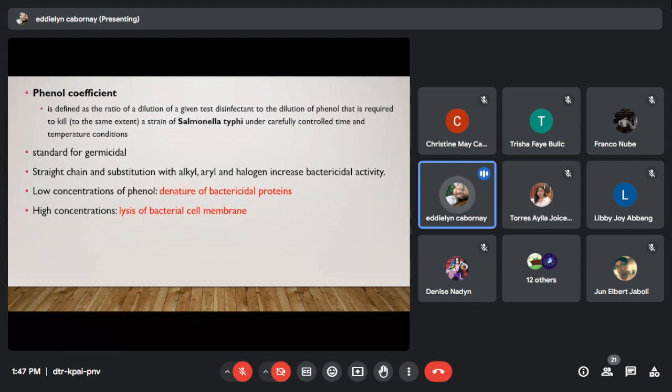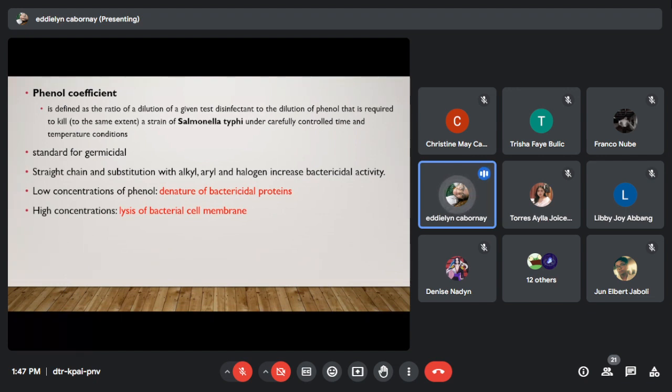We have an example here of an agent that has less than 1, which is formalin. Formalin has a phenol coefficient of 0.3. It can kill the Salmonella typhi organism but it is less effective than phenol, which is 1.0.